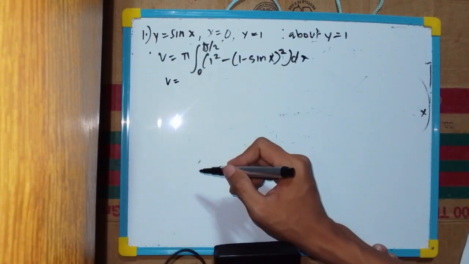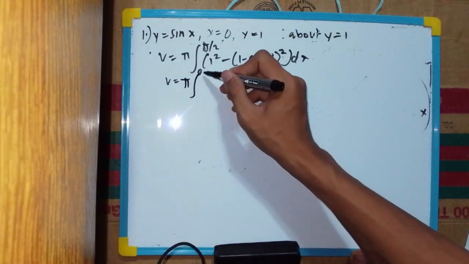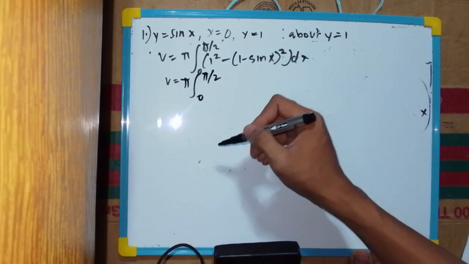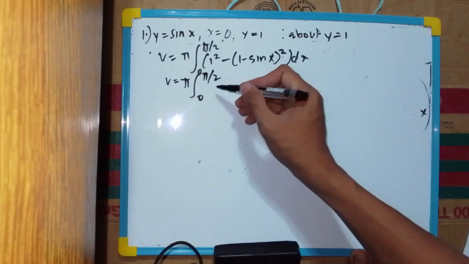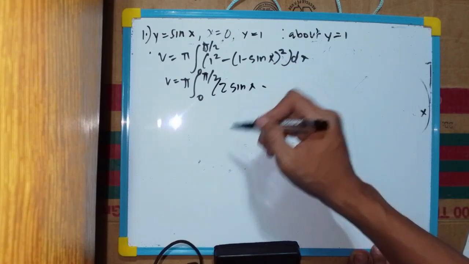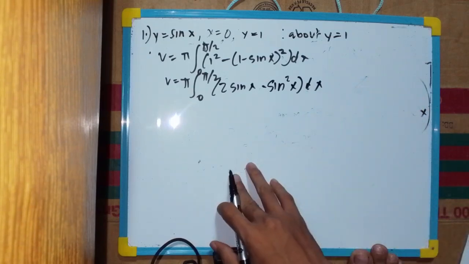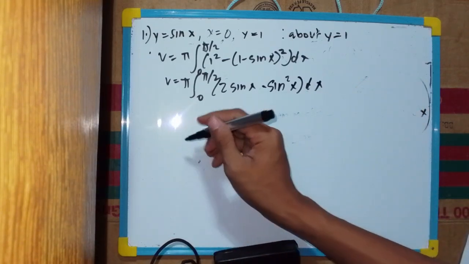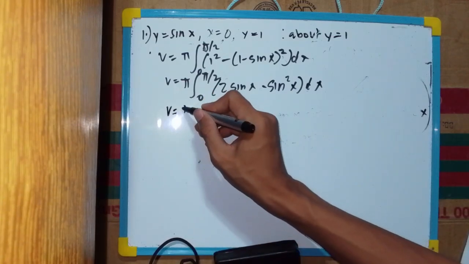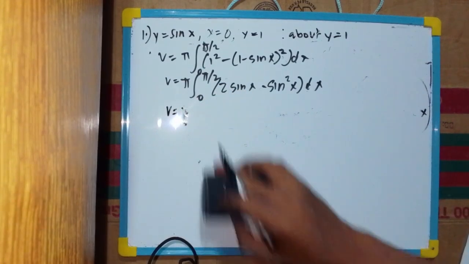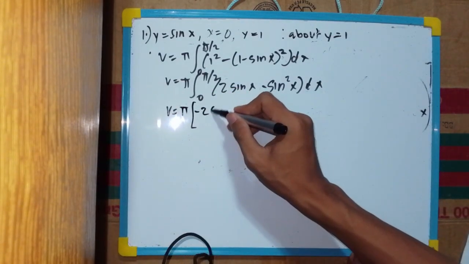Simplifying this, if we simplify it, we will have 2 sine x minus sine squared x. And we are going to integrate this separately. The integral of 2 sine x is negative 2 cosine x.